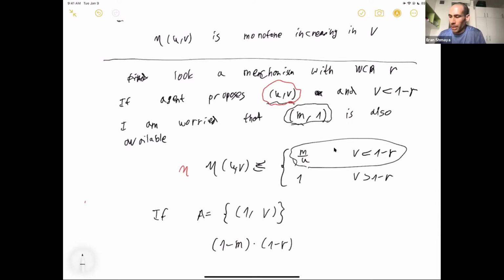So by using this mechanism I may create this regret, and the optimal R is the one that solves this equation.